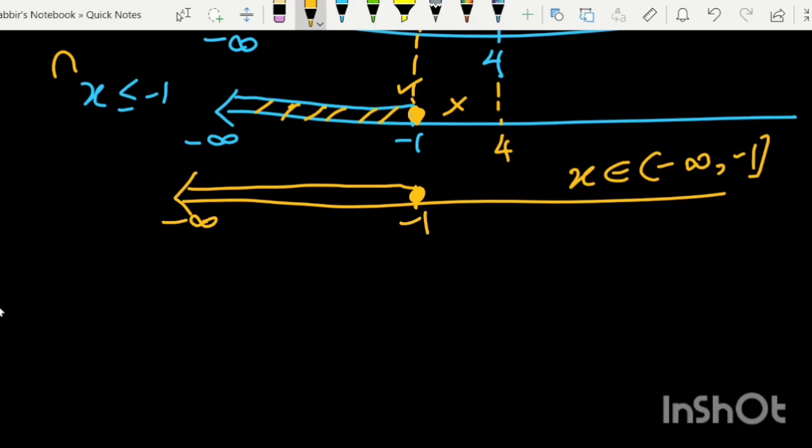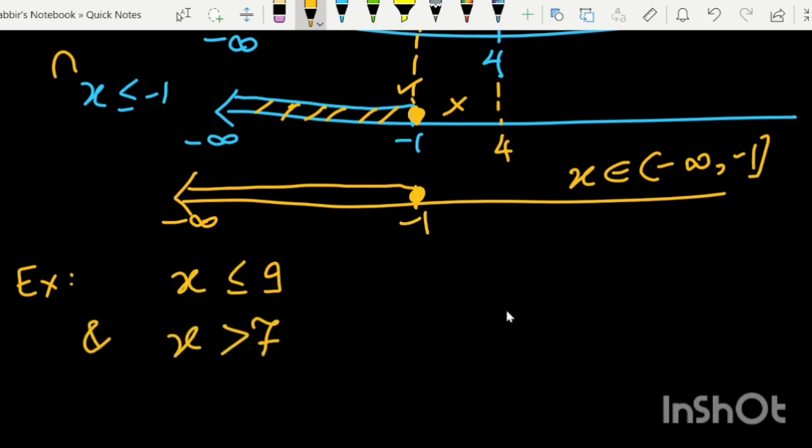Now let's take another example, you can try this as well. x less than or equal to 9 and x greater than 7. Find x.